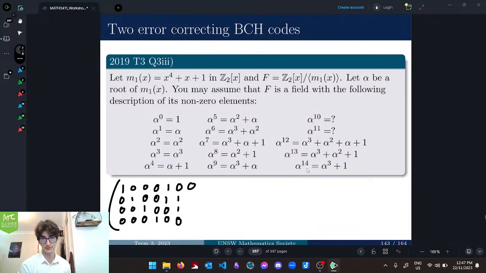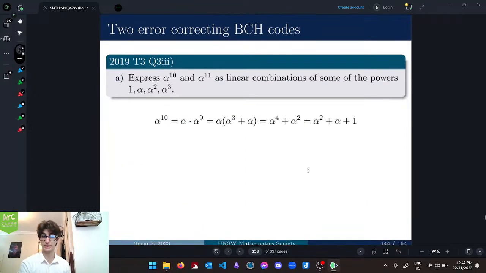Alpha cubed is 0, 0, 1, 1, and we'll do one more. So we get 1, 1, 0, 1. So that is 1, alpha, no alpha squared, alpha cubed, and so on. I'm not going to write the rest because we're only halfway through all of that. We are to figure out what alpha to the 10 and alpha to the 11 are.